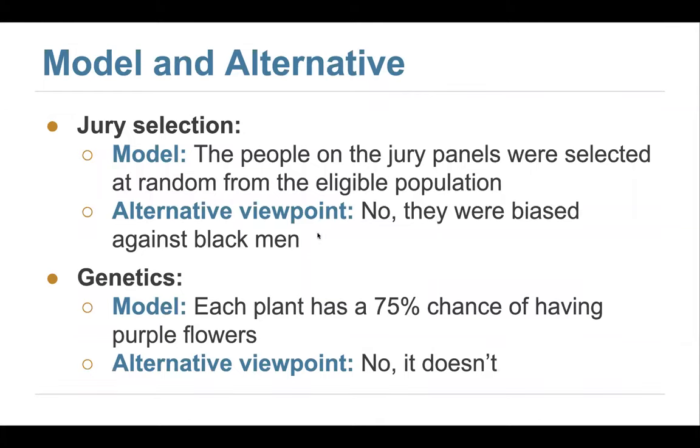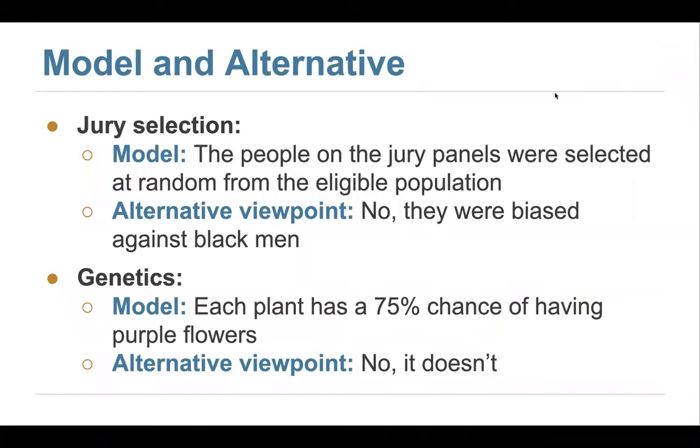You can see here the viewpoints are slightly different. In the second example, we were just saying the chance of getting purple is not 75%. Maybe it's 78%, or maybe it's 72%. It could be much higher than 75, or much lower than 75. That's the alternative viewpoint. In the jury selection case, the alternative viewpoint is that they were biased against black men, so it's a very specific kind of alternative.